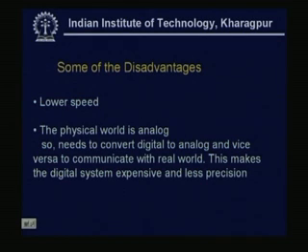some complexities are involved, because our physical world is analog, meaning that when I am talking, or someone is singing, that is an analog signal.